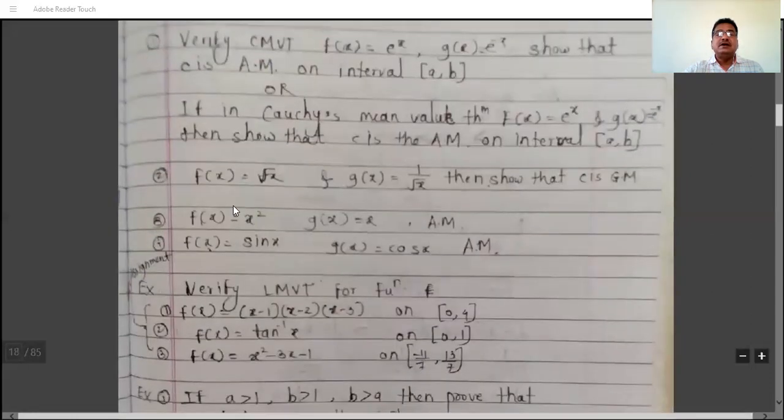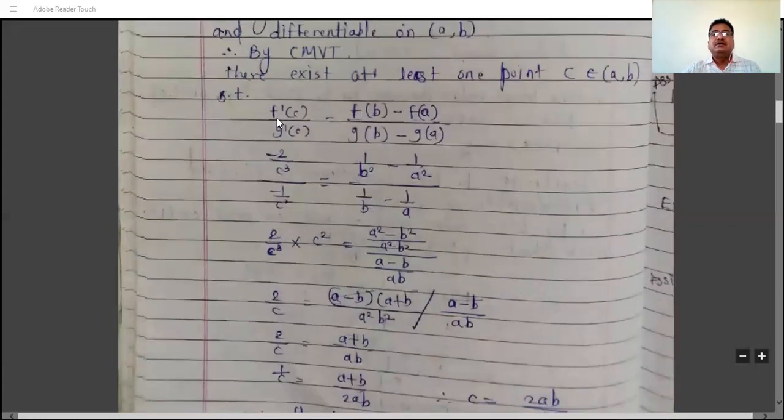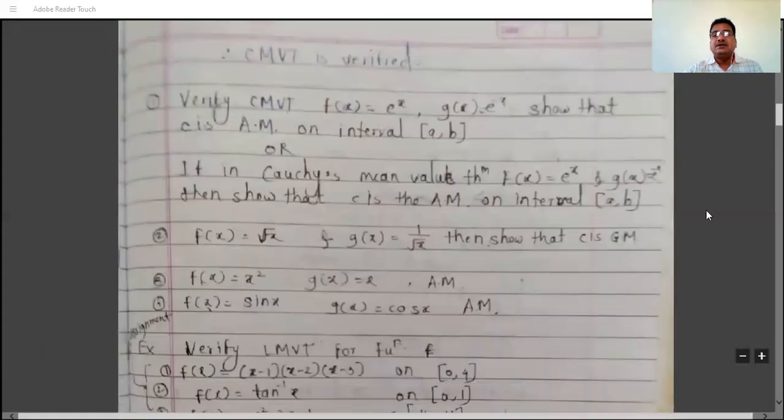So solve all these examples. f(x) is root x, g(x) is 1 by root x, like this. So solve. We have the value of c as the arithmetic mean, that is (a plus b) by 2.